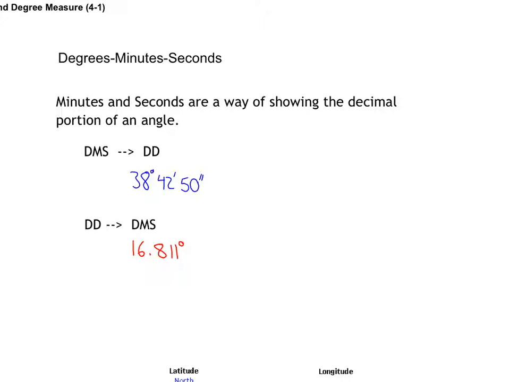Minutes and seconds are one way that you can express the decimal portion of an angle. For example, if I had, say, 35.27 degrees, I could express the 0.27 part in minutes and seconds.